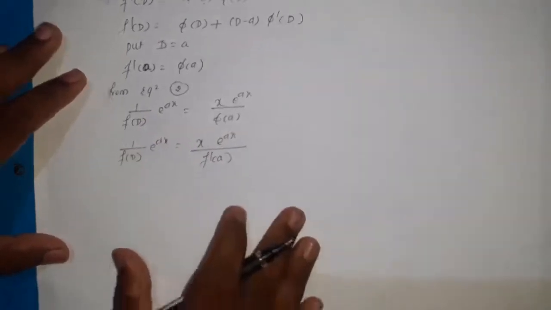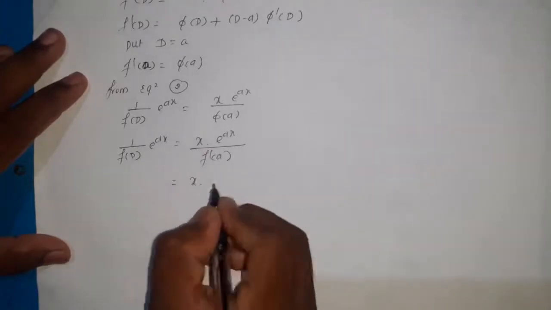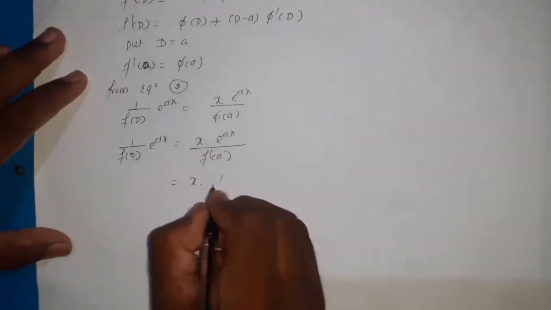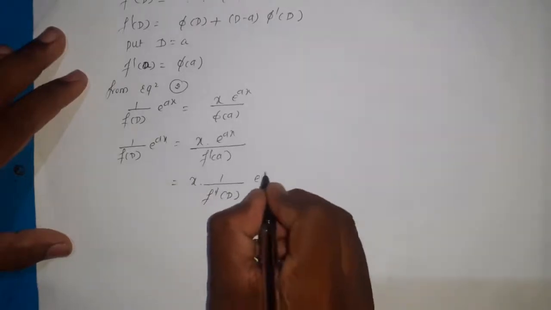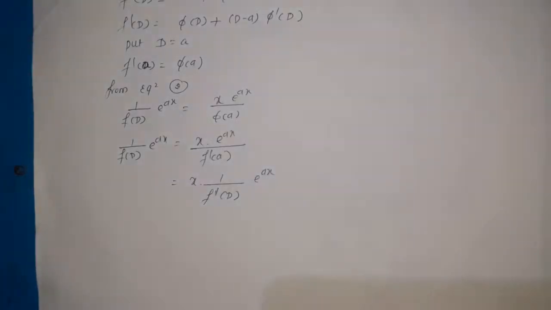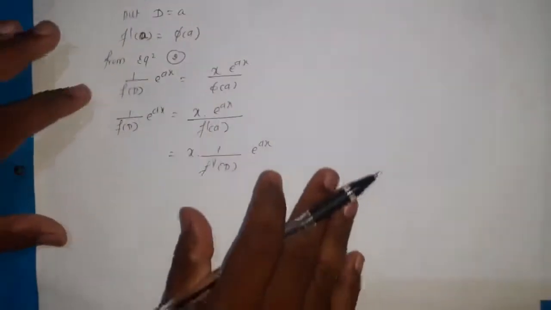Then this is equal to x into 1 divided by f dash of D into e power ax, because f dash of a can be written as f dash of D, since here a is equal to D.